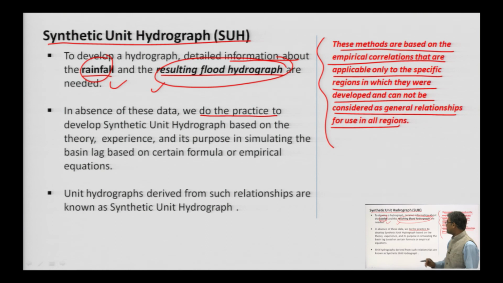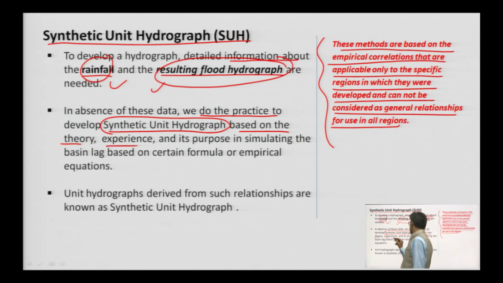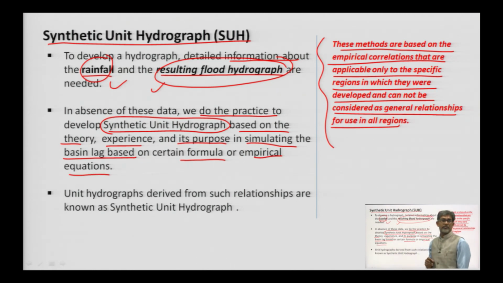We develop synthetic unit hydrographs based on theory, experience and its purpose, in simulating the basin lag based on certain formulas or empirical equations. Unit hydrographs derived from such relationships are known as synthetic unit hydrographs. I have told you that these are not general methods.